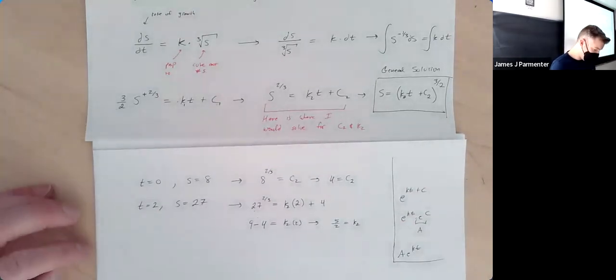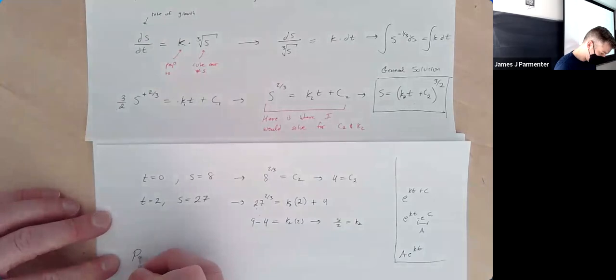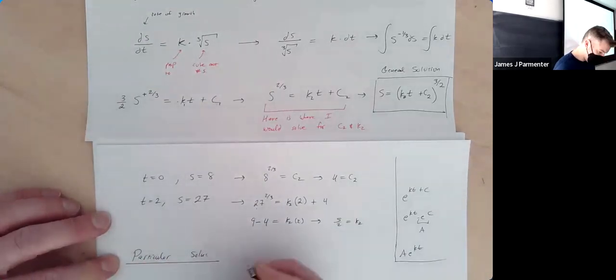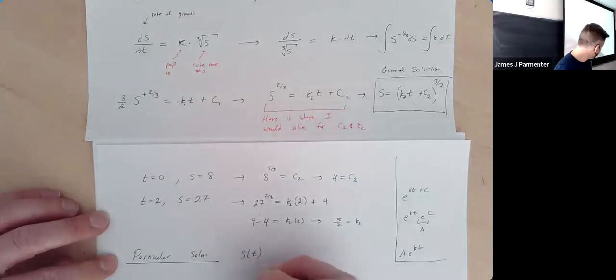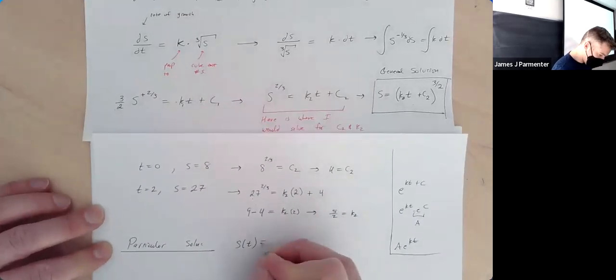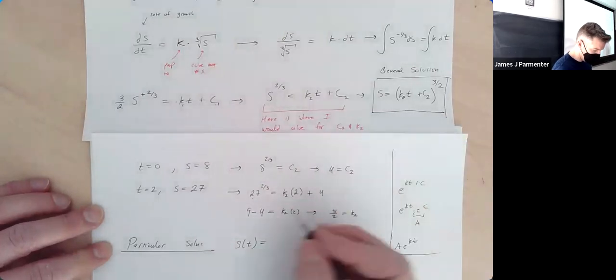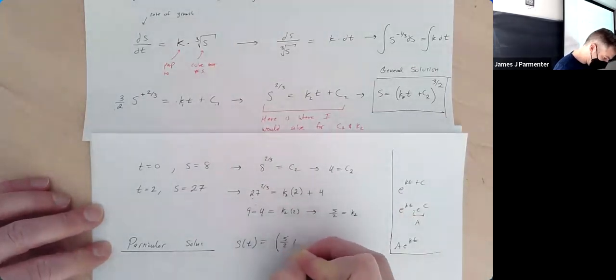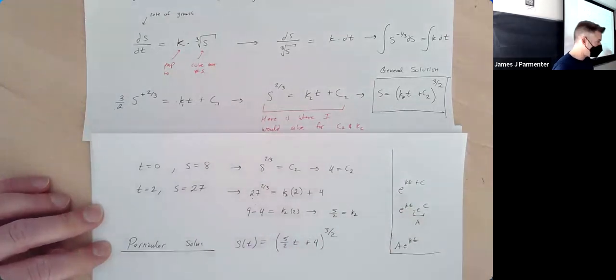That means our particular solution is S as a function of T equal to this function, but with K2 and C2 plugged in. So it's going to be 5/2 T plus 4 raised to the 3/2 power.